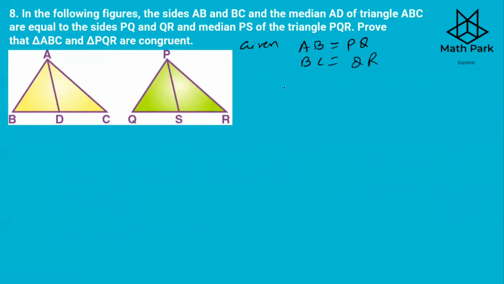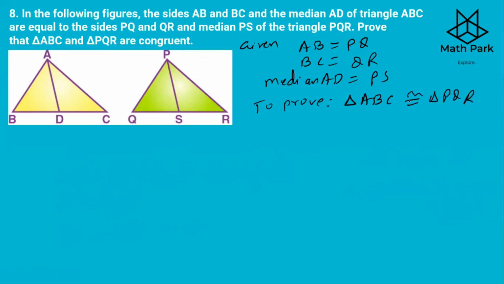And you are also given median AD is equal to median PS. And you have to prove triangle ABC is congruent to triangle PQR. This is the thing you have to prove.